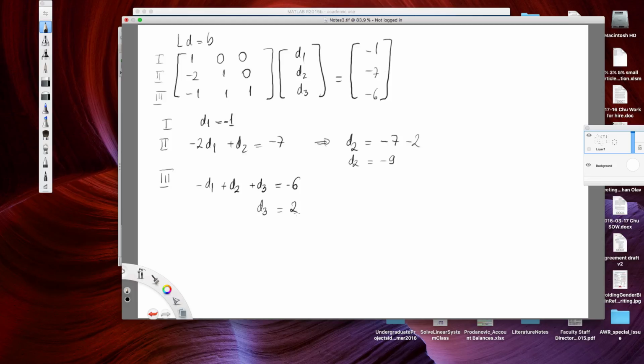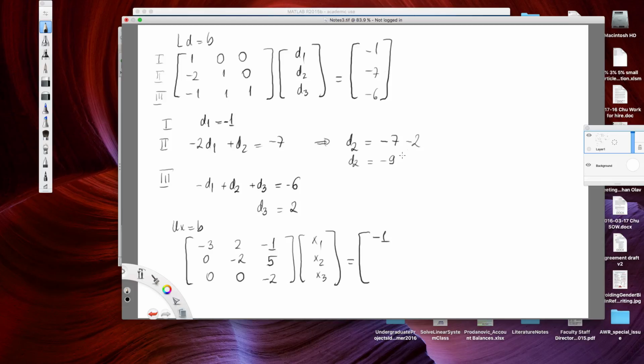All right, very good. So now my next system that I'm solving is UX is equal to D. So my U was minus 3, 2, minus 1, 0, minus 2, 5, 0, 0, minus 2, times x1, x2, x3 is equal to D. So D was minus 1, minus 9, 2.